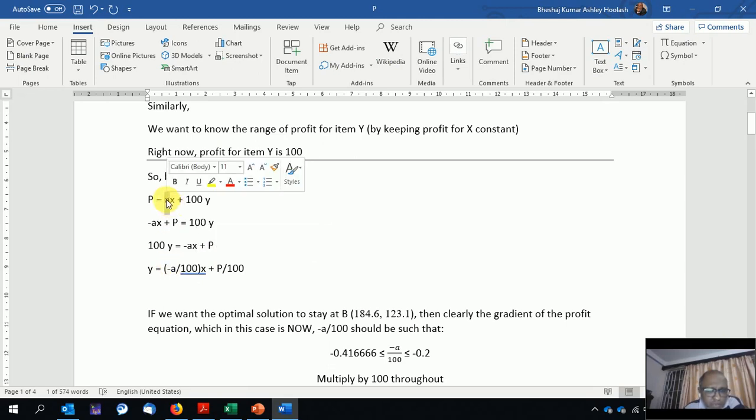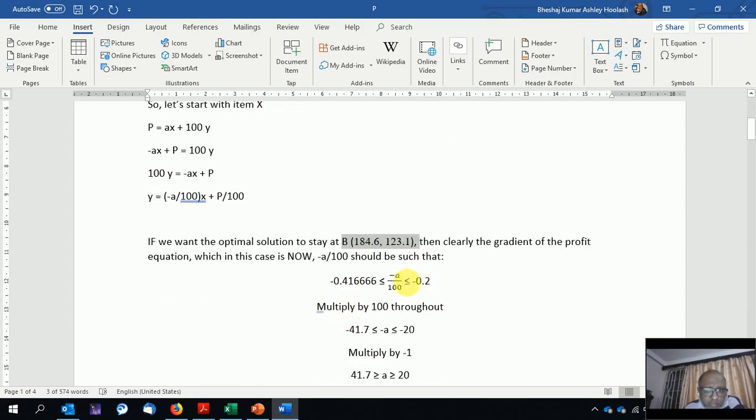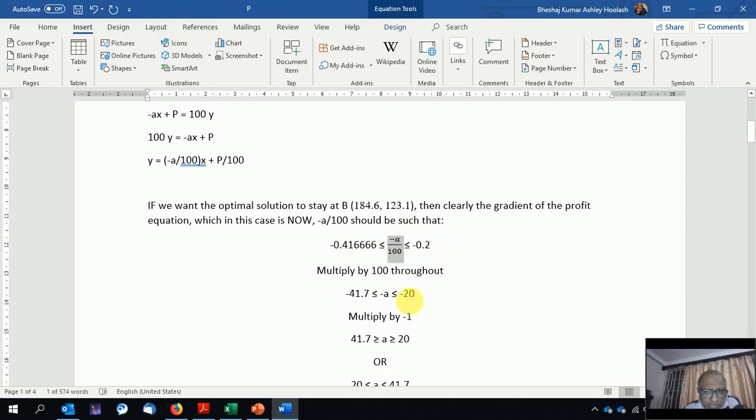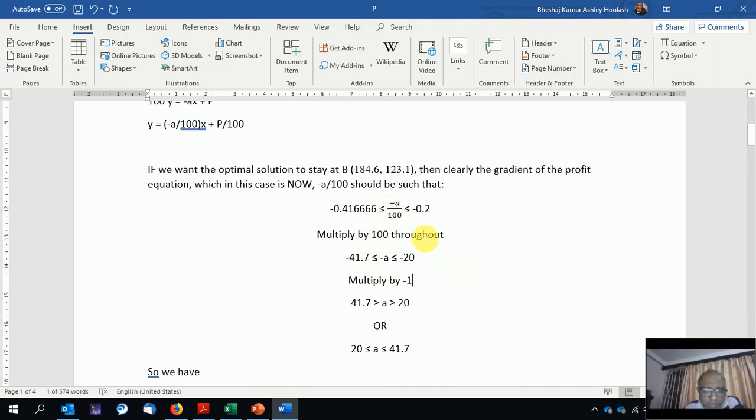Now I want to know the range it can take so that I still have B as the optimal solution. So remember, whatever happens, the gradient of the profit equation should lie between the gradients of the two binding constraints. There you go. So if I solve now for a, I've tried one method.